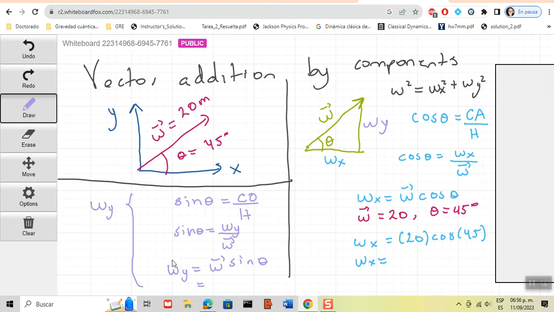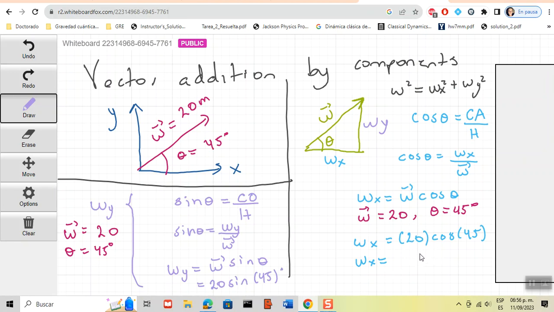So if we substitute our data, and we know that W arrow is 20 and theta is 45 degrees, then this is going to be 20 sine of 45, right?